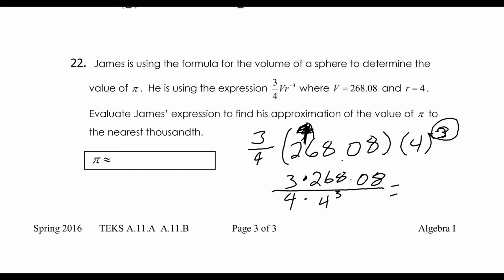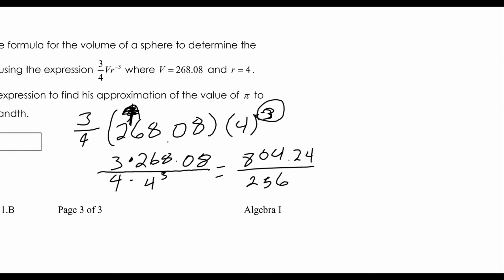So when we do 3 times 268.08, what we get is 804.24. Okay, and then we're going to do 4 times 4 times 4 on the bottom. It's going to be 64.